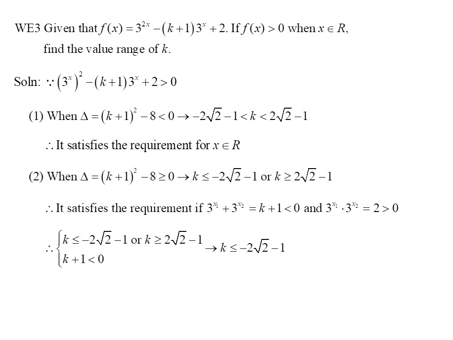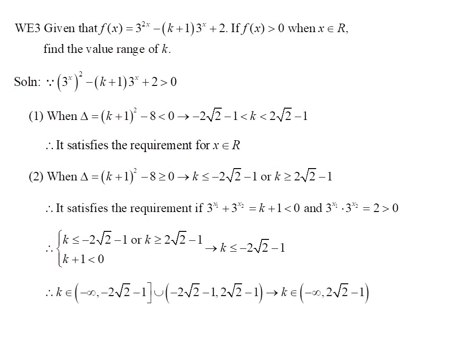Therefore, k plus 1 is less than 0 will intersect with the inequality k is less than or equal to negative 2 square root 2 minus 1, which results in k is less than or equal to negative 2 square root 2 minus 1. In summary, when k is less than 2 square root 2 minus 1, f(x) is greater than 0.